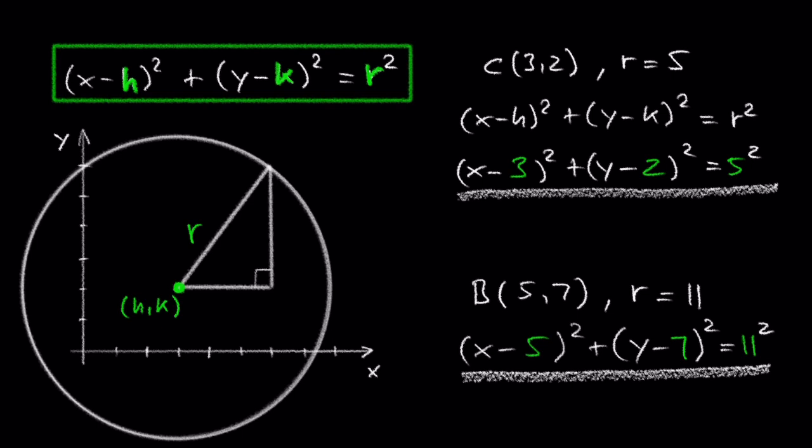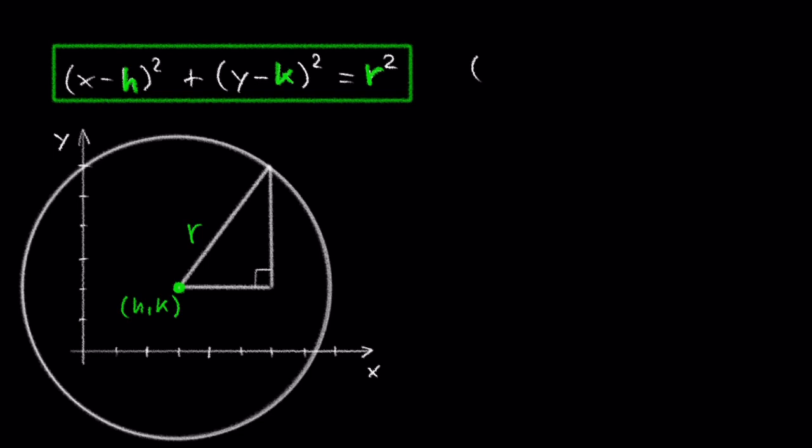Let's look at two examples where we have given the standard equation of a circle and we have to find out the coordinates of the center and the radius of the circle. (x minus 1) squared plus (y minus 2) squared equals 3 squared. So let's say this is the standard equation of a circle where we have to find out the coordinates of the center and the radius of this circle. As we know, when we have the standard equation of a circle, h represents the x-coordinate of the center of a circle and k represents the y-coordinate of the center of the circle.